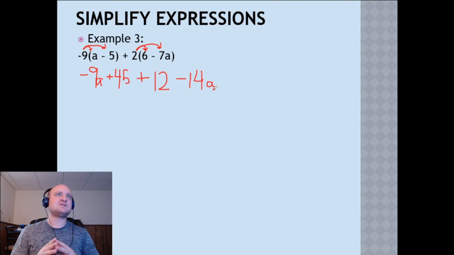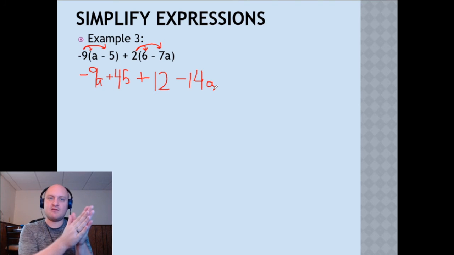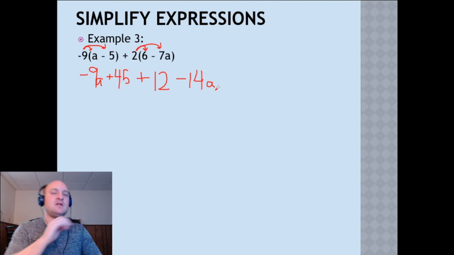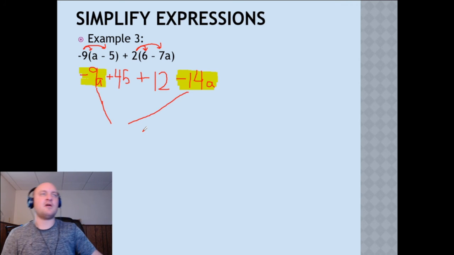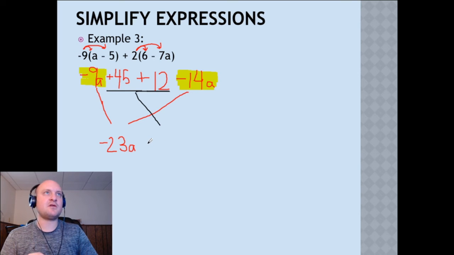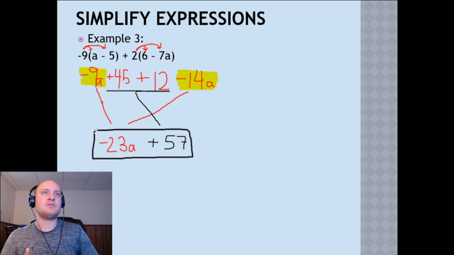So after this first step, I've distributed twice into the parentheses, one for the negative 9 and one for 2. And then I need to combine some like terms together to make my final result. Here I see two values of a that go together, a minus 9a and a minus 14a, which will make a total of negative 23a. I also see a plus 45 and plus 12, and neither of those have a variable on them, so those also go together to make a total of 57. My final result, because of distribution and like terms, is negative 23a plus 57.